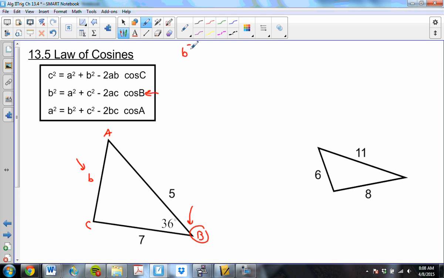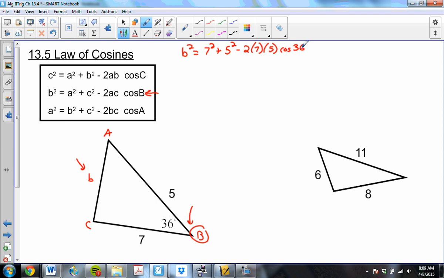So I now know that B squared equals A squared plus C squared minus 2 times A times C times the cosine of B, and B is 36.